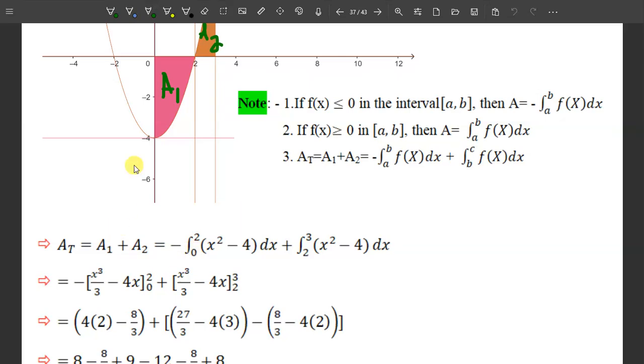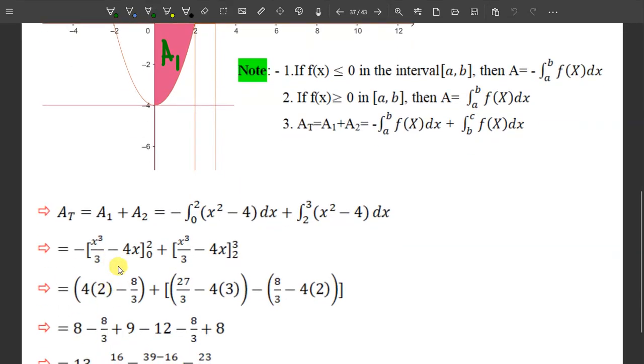From 0 up to 2, minus the integral of x squared minus 4 dx, plus A2, which is simply positive, from 2 up to 3, the integral of x squared minus 4 dx.